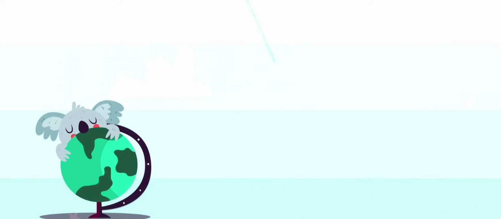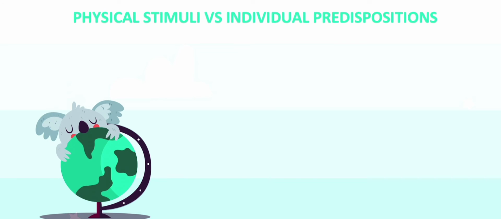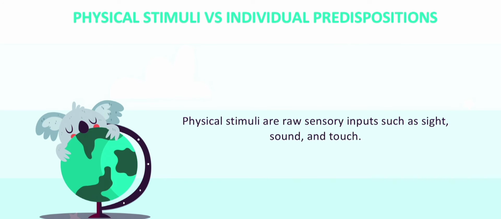And also, there is physical stimuli versus individual predisposition. People experience the world differently because perception depends on both physical stimuli and individual predisposition. Physical stimuli are our raw sensory inputs such as sight, sound, and touch.